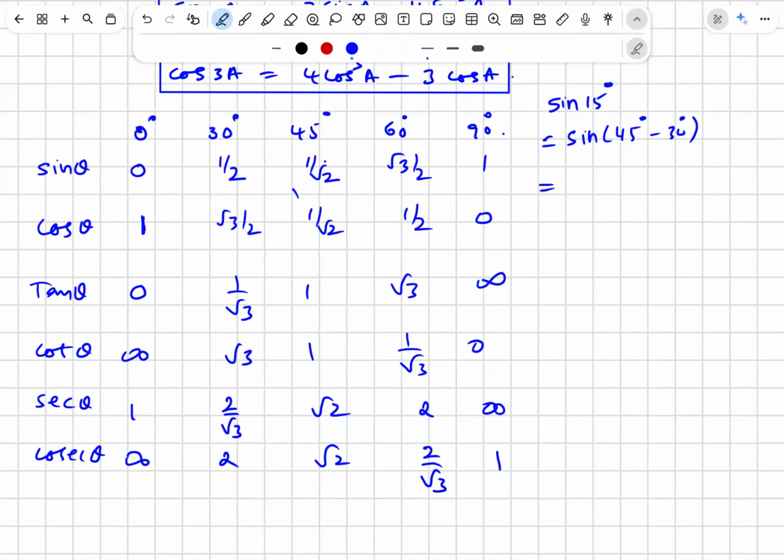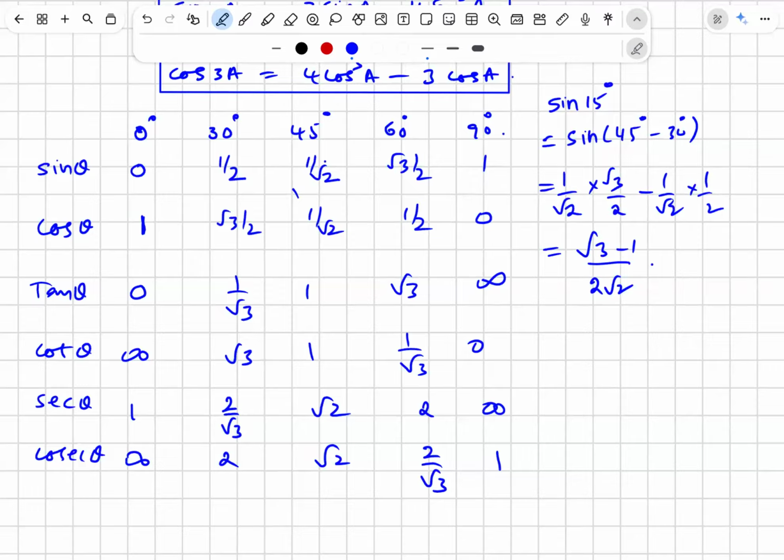Using sine A minus B: sine A cos B minus cos A sin B, which is 1 by root 2 times root 3 by 2 minus 1 by root 2 times 1 by 2. Finally, root 3 minus 1 by 2 root 2.